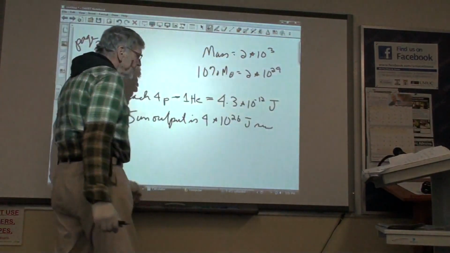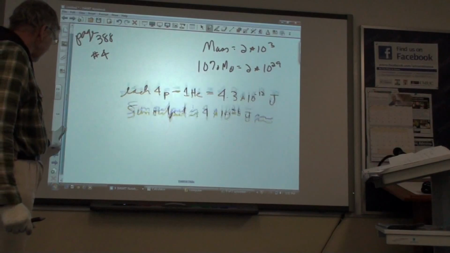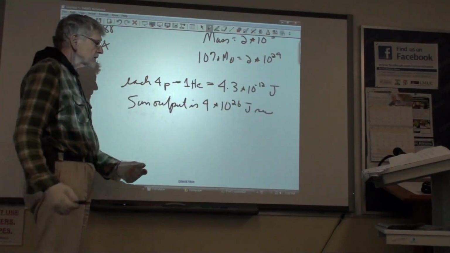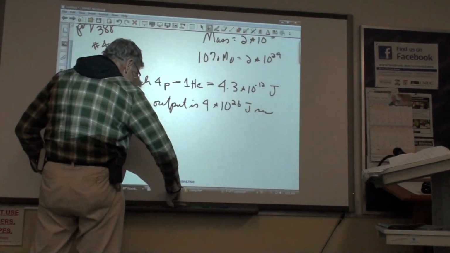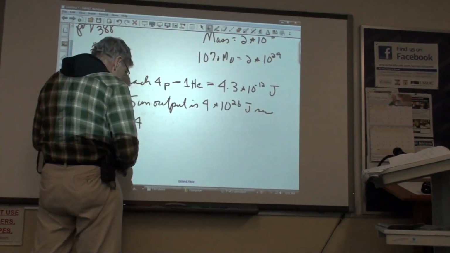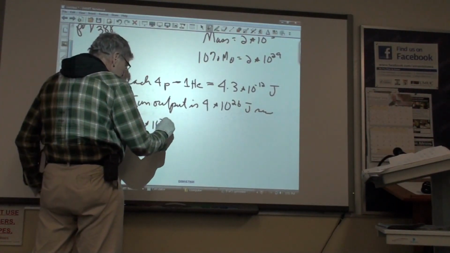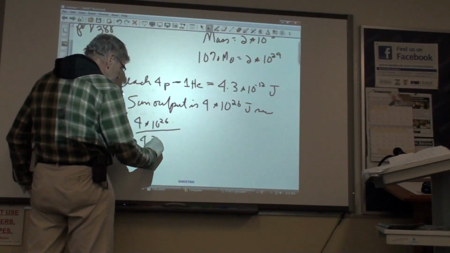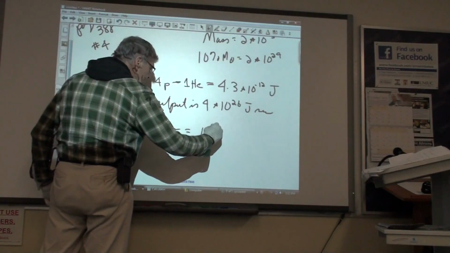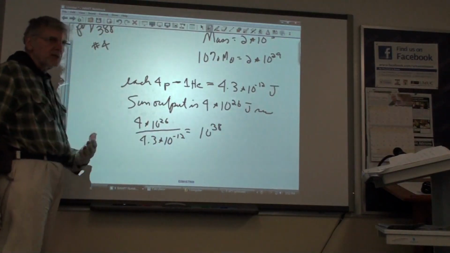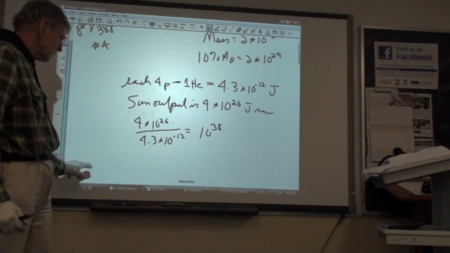So we ask the question, how many of these reactions have to take place every second in order to produce the sun's output? So 4 times 10 to the 26 over 4.3 times 10 to the minus 12 is going to be around 10 to the 38. So we have about 10 to the 38 of these reactions.